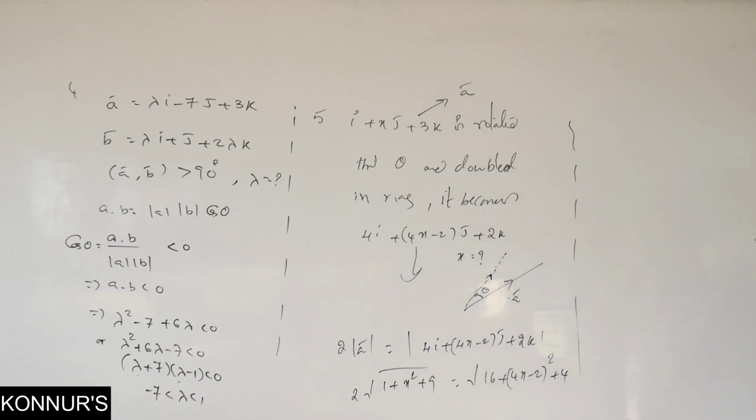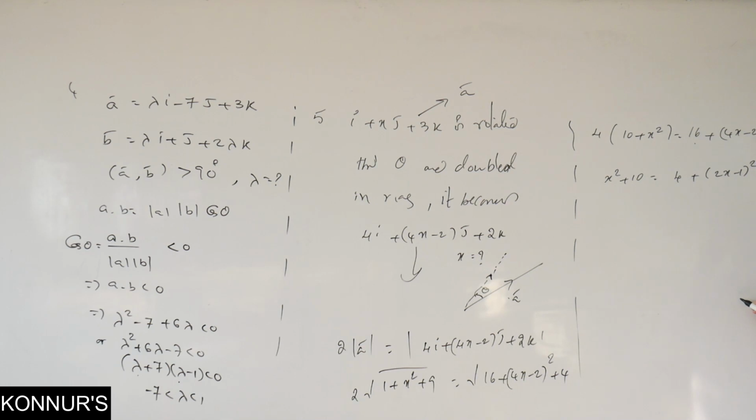As well, algebra only: squaring, cancel any common number. 4 into 10 plus x square equals 16 plus 4x minus 2 whole square. Take 4 outside and cancel. x square plus 10 equals 4 plus 4x minus 2 whole square, take 4 outside, 1.